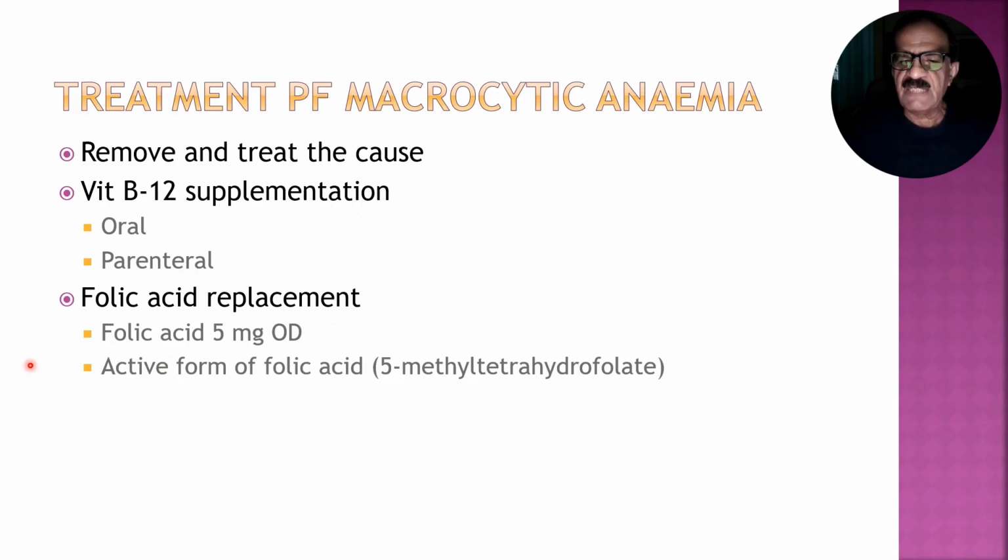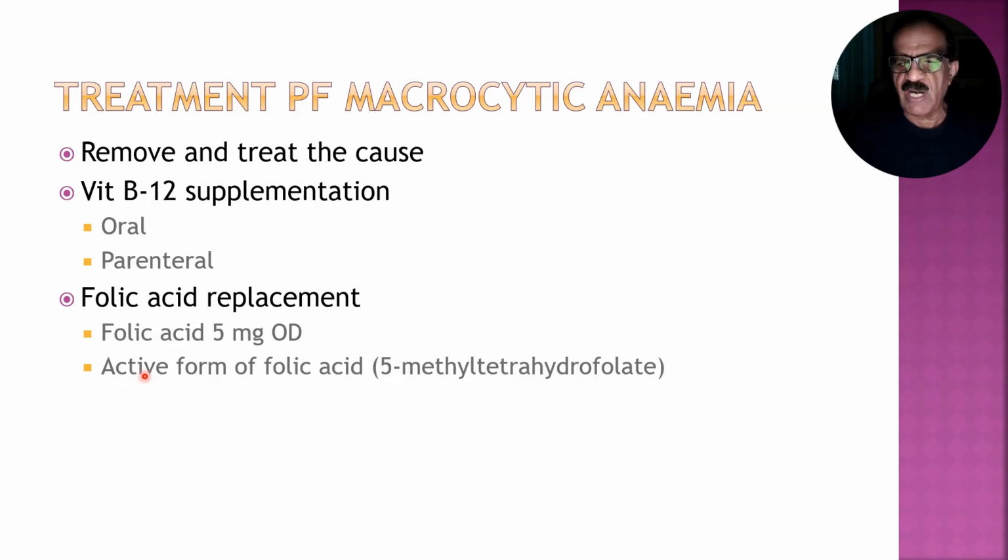So if somebody has folic acid deficiency, you can replace folic acid by the simple traditional folic acid tablet, 5 milligram once a day for 3 to 6 months. But for those patients who are taking anti-folate drugs, I think the active form of folic acid in the form of 5-methyl tetrahydrofolate may be better.